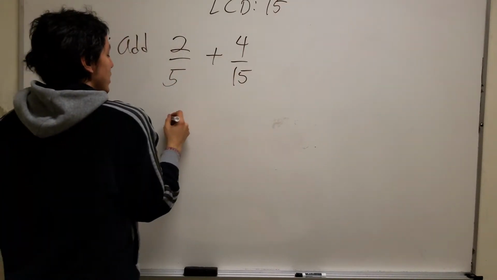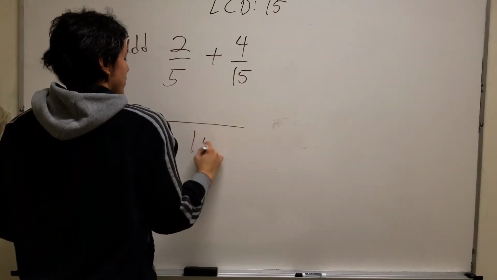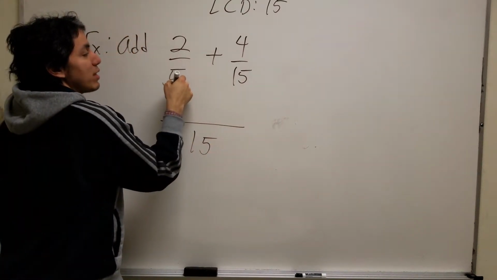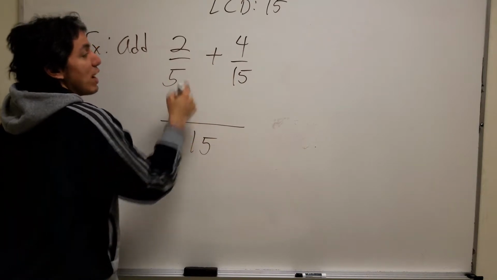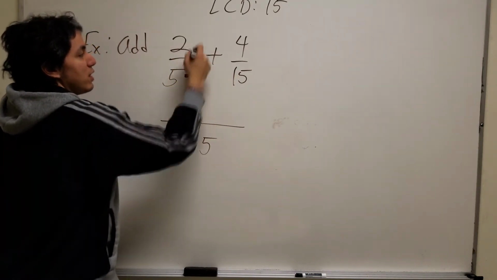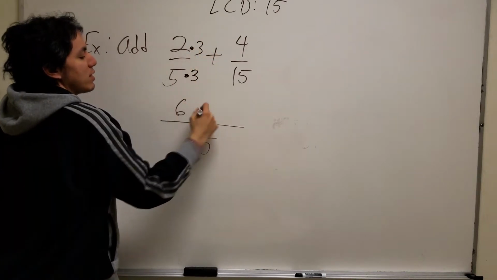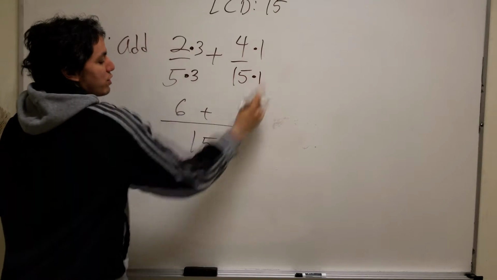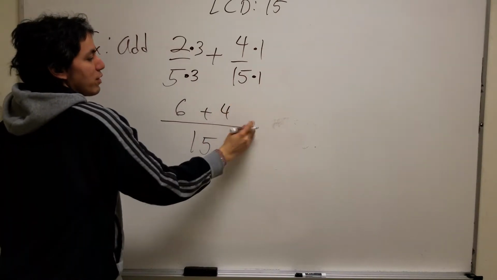So you rewrite the whole denominator as 15, and then remember, whatever you multiply in the denominator to get 15, you have to also do in the numerator. So 5 times 3 is 15, so then 2 times 3 is 6. 15 times 1 is 15, and then 4 times 1 is 4.